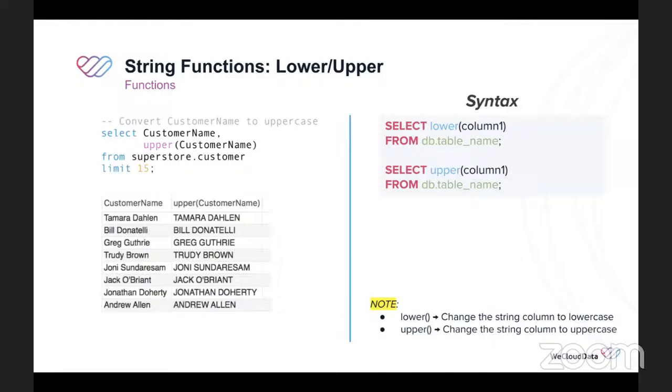Another thing I want to mention here is that even though there is a lower and upper case, there is no proper case, right? So if we look at the original column here for customer name, this is what we call proper case, where each word, each segment, has a capital letter to begin with, and then all lowercase afterwards. However, in SQL, there is no function that directly does that for us.